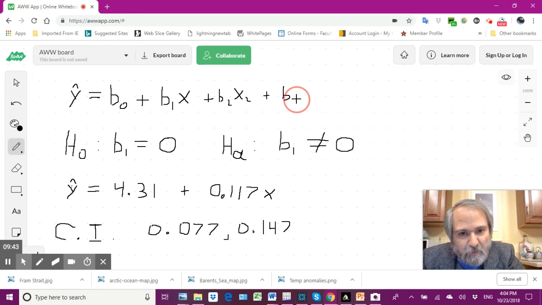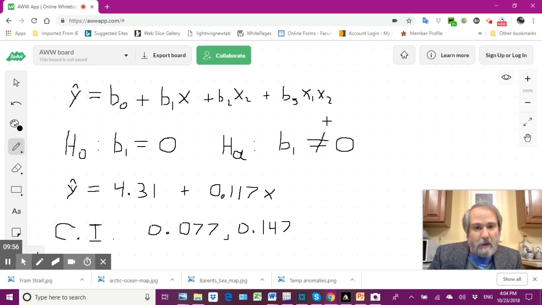I'll call it B sub 3, and you have X sub 1 times X sub 2, where there's some sort of interaction between the independent variables themselves. And again, you could run a test on that to see if that is significant.